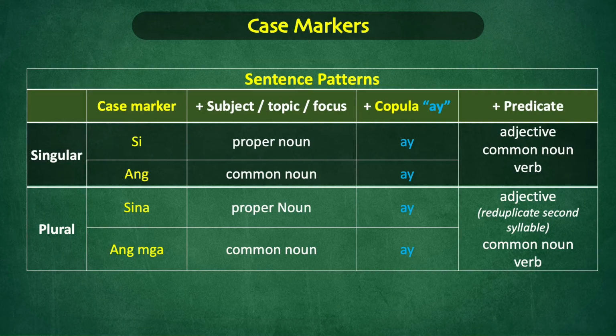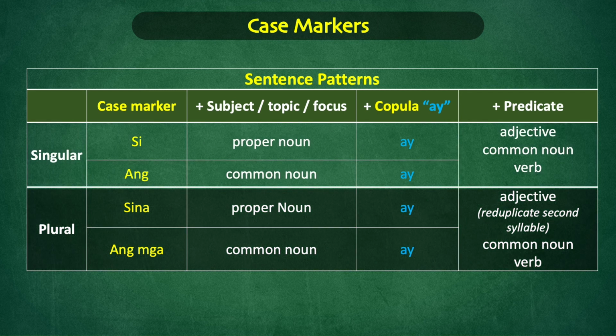So, we have just learned our first Tagalog sentence patterns. So now, our sentence patterns look like these. For singular, si plus proper noun plus ay plus the predicate, which could be an adjective, common noun, or verb. Ang plus common noun plus ay plus predicate.